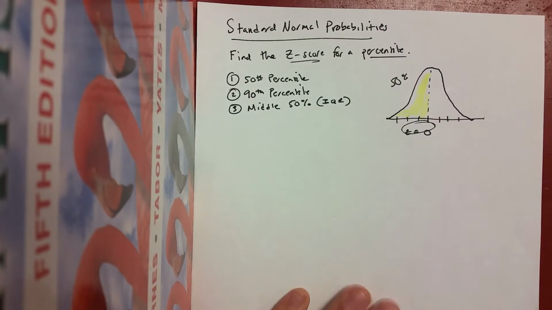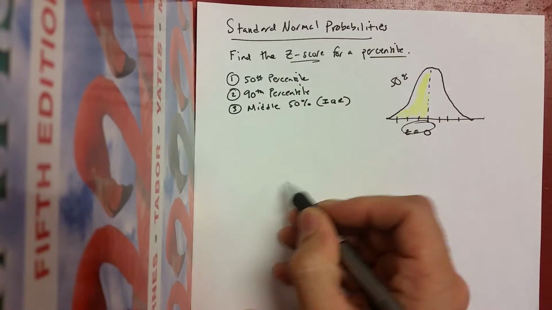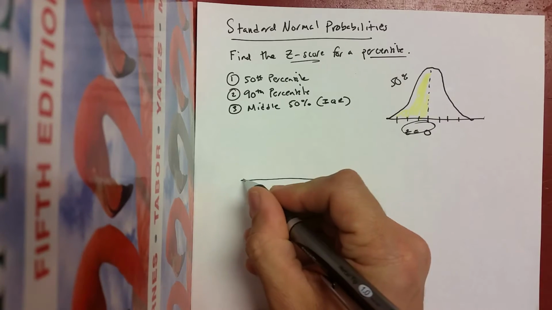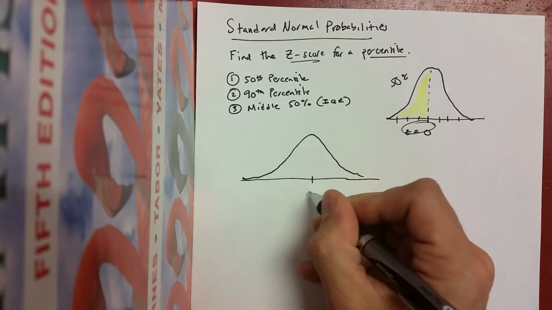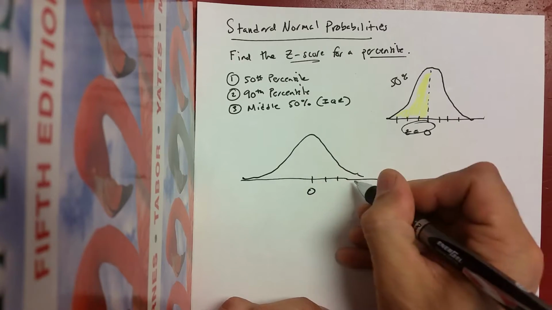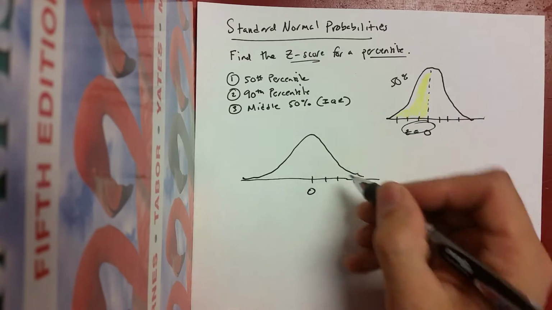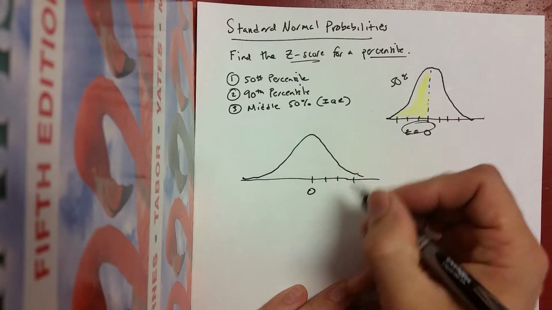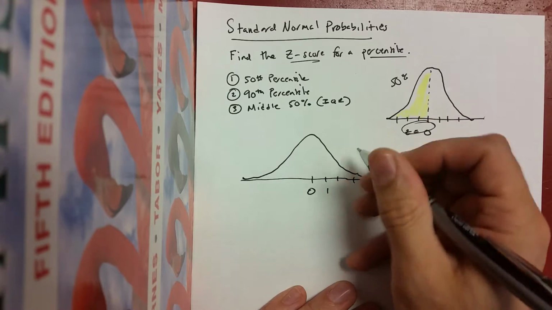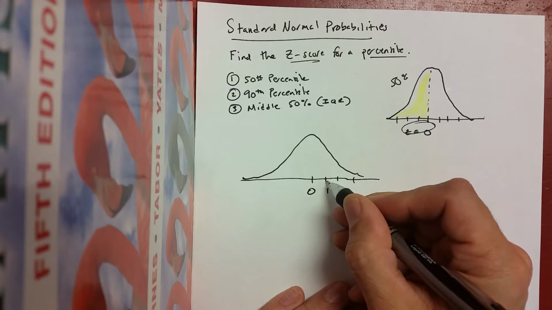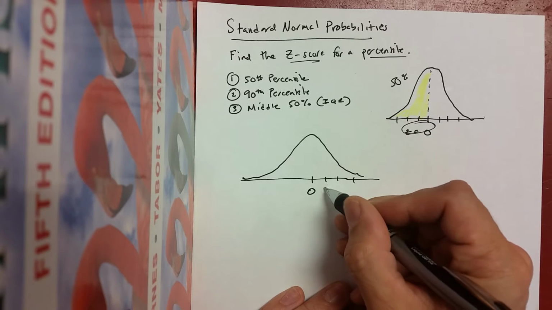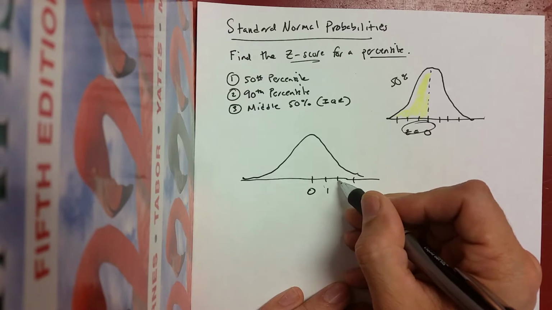All right, so now, how about the 90th percentile? Well, let me sketch something. Here's a normal curve, more or less, and I'm going to start labeling some standard deviations. I want to estimate real fast where I think the 90th percentile might be. From a previous class, one standard deviation above the mean would get us to the 84th percentile, and 2 standard deviations above the mean should get us the 97.5th percentile approximately.